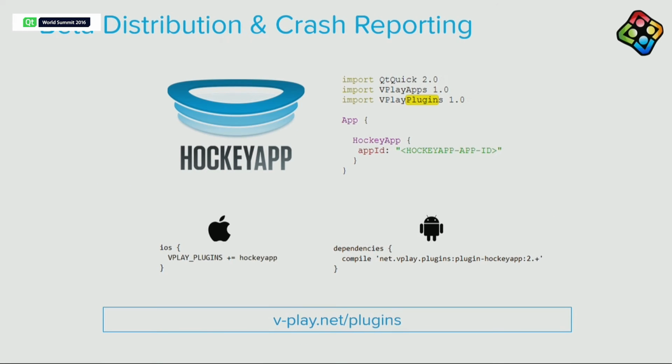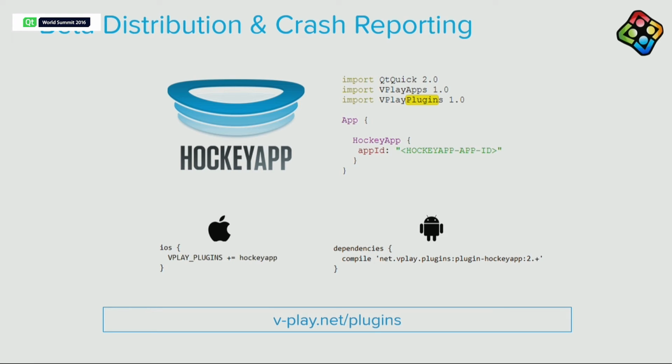After you've finished development, it's often quite tedious to get new updates out to your testers. So that's why I'd recommend using a third-party service for this. We have added support for the HockeyApp SDK in a way that you can use it as a QML plugin.